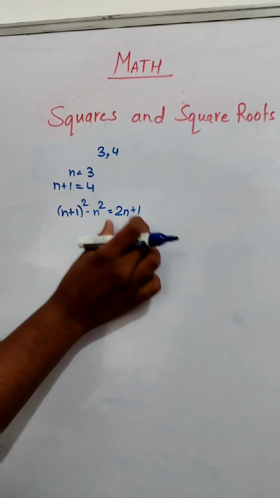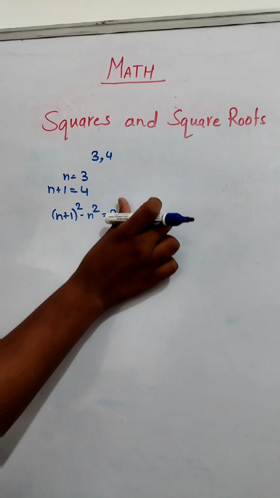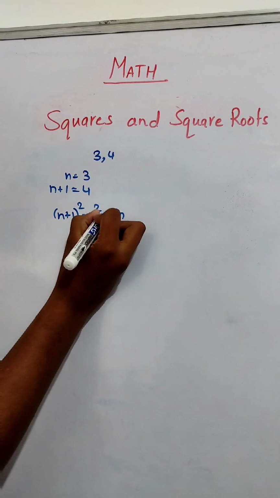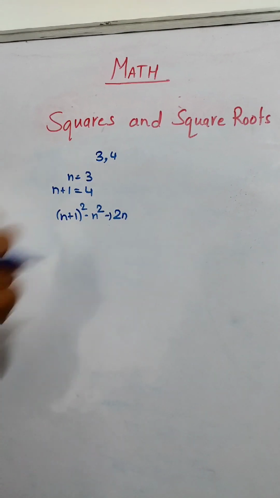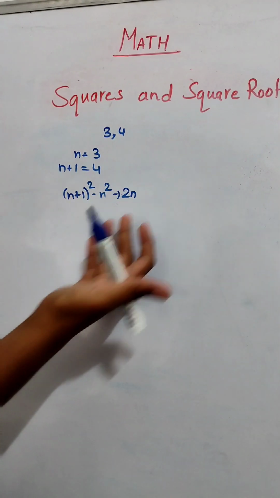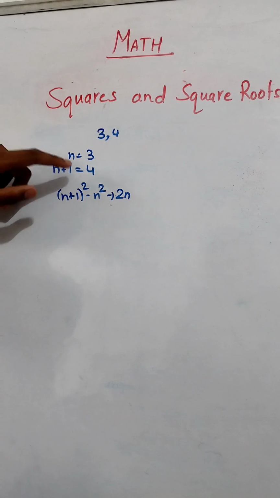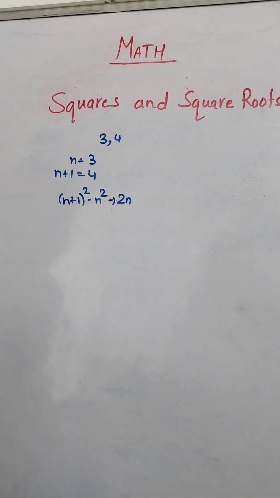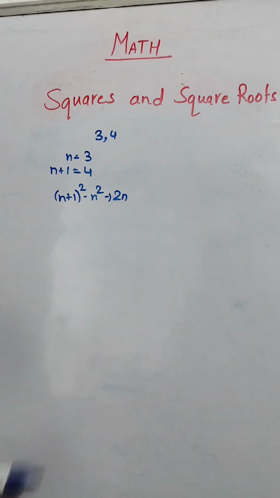If we subtract 1 from the difference, that is, just remove this plus 1, we get the number of non-square numbers in between. We subtract 1 as n plus 1 square is also included in this, which we do not want to be included, so we just subtract 1 from it.